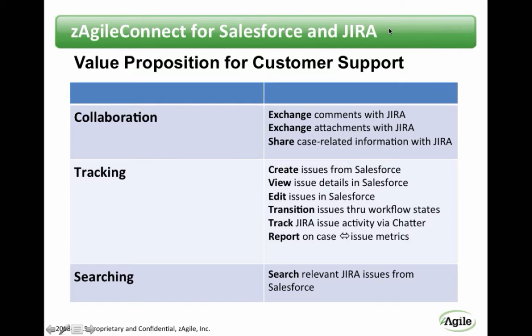And so now let's talk about zAgileConnect. The reason I pointed out those three areas is because it is where most of the time is spent, and it's also our focus.